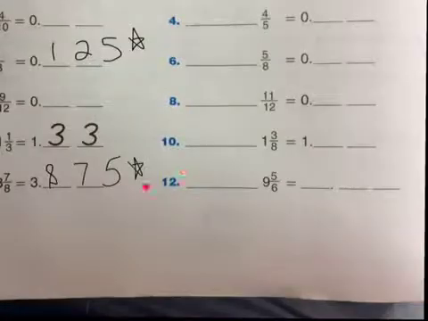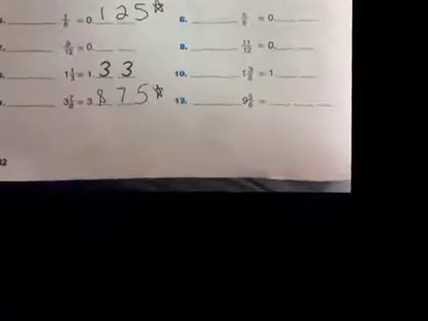Let's do one more. Let's try number 12, 9 and 5/6. Remember that we've already been given the 9, right? So let's just write the 9 right where it goes.